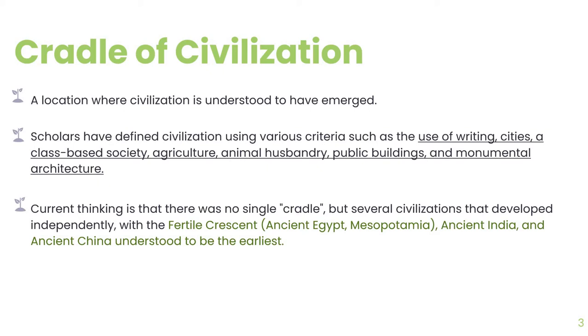Now, scholars have defined civilization using various criteria, such as the use of writing, cities, a class-based society, agriculture, animal husbandry, public buildings, and such like architecture. So we will go through these features shortly. However, there is a current thinking that there was no single cradle.